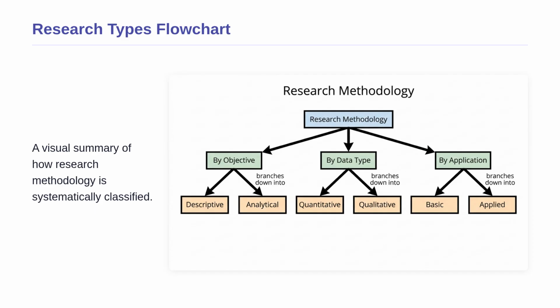In the middle, we classify by data type, dividing into quantitative and qualitative research. Finally, on the right, we classify by application, separating into basic and applied research. This diagram serves as your mental map, helping you navigate the different paths you can take when designing your own scientific investigations.